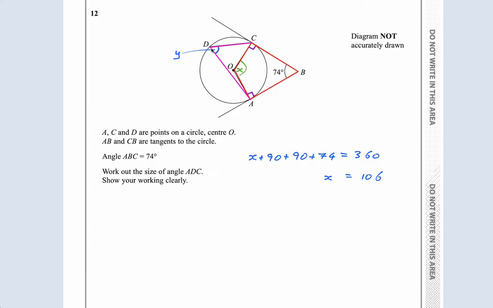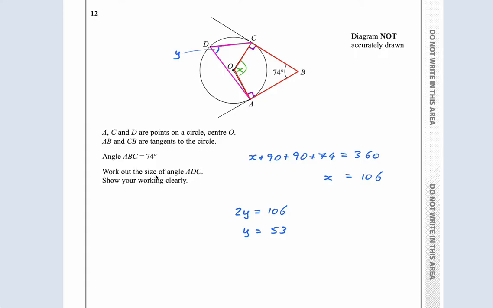This angle is double this angle here. So I need 2 y's just to equal 106, or this is half of this, whatever way you want to write it. Y is then equal to 53 because the angle at the circumference is half the angle at the center.